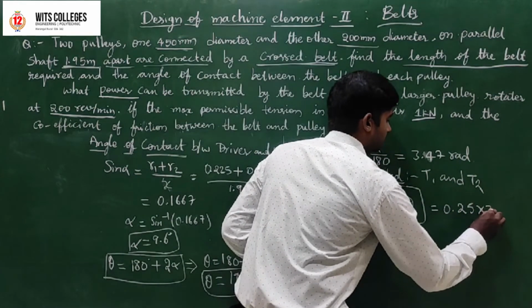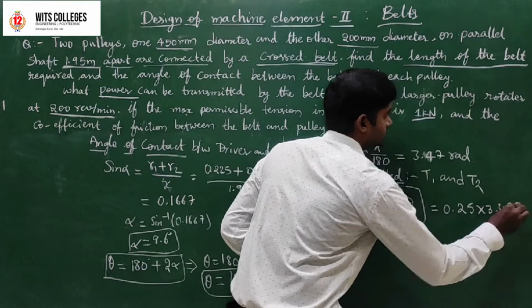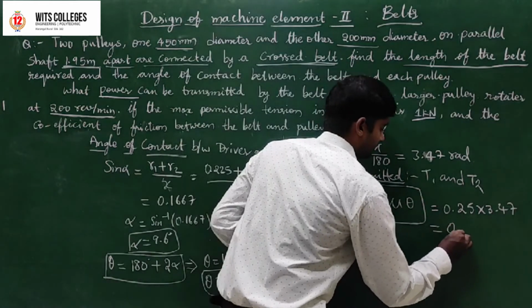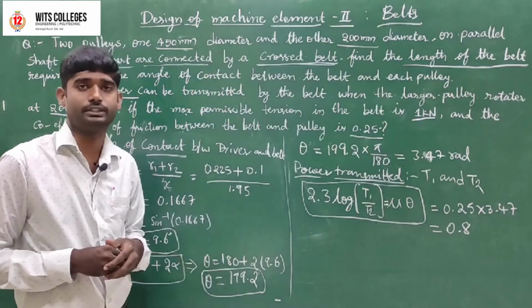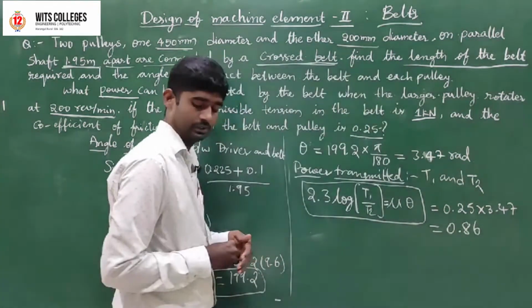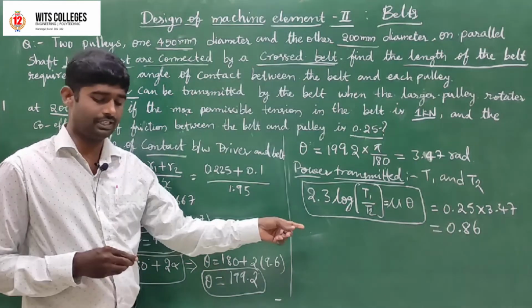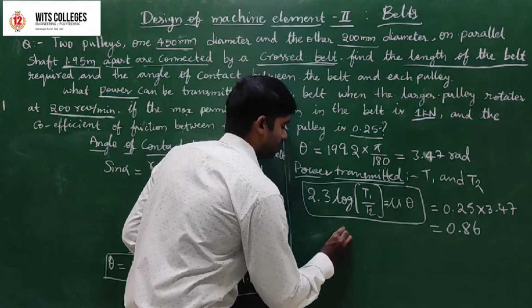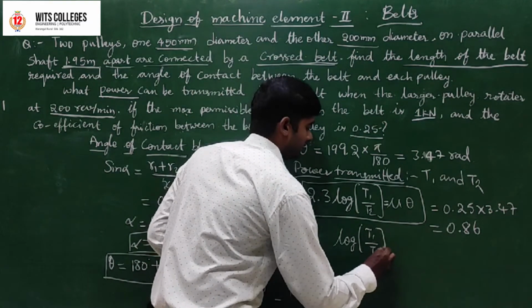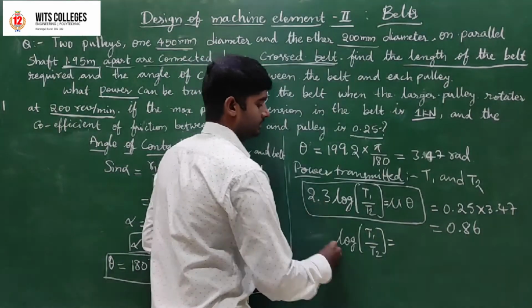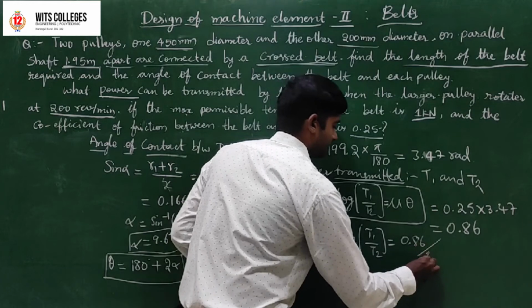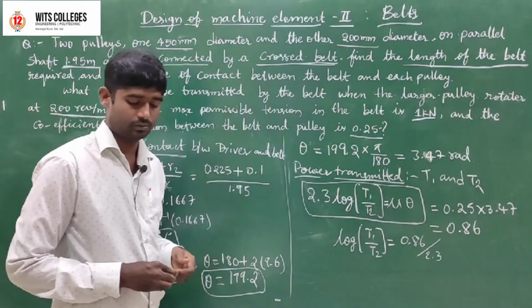Then 0.25 into 3.47 is equal to 0.86. Using this, find out log T1 by T2 is equal to 0.86 by 2.3.